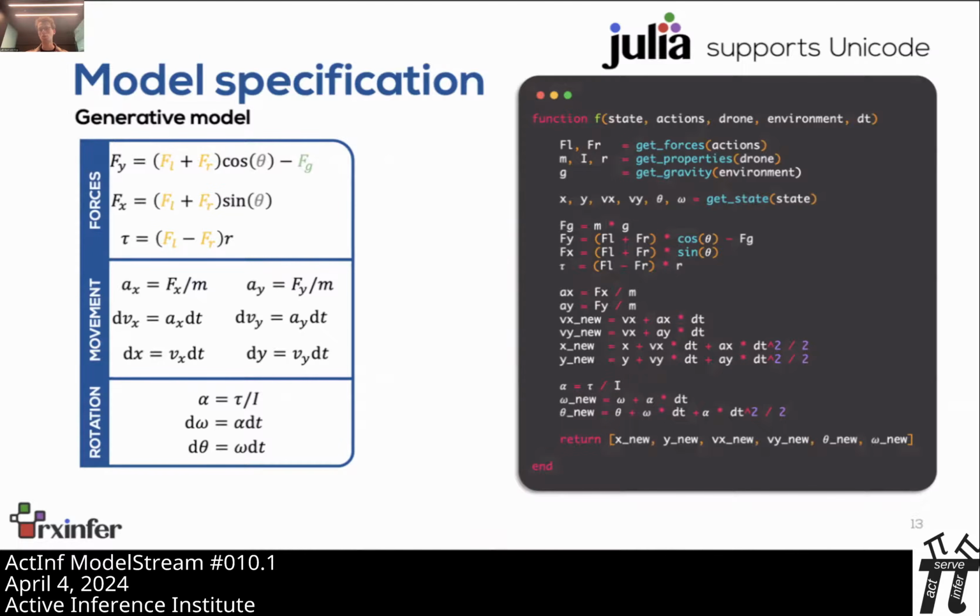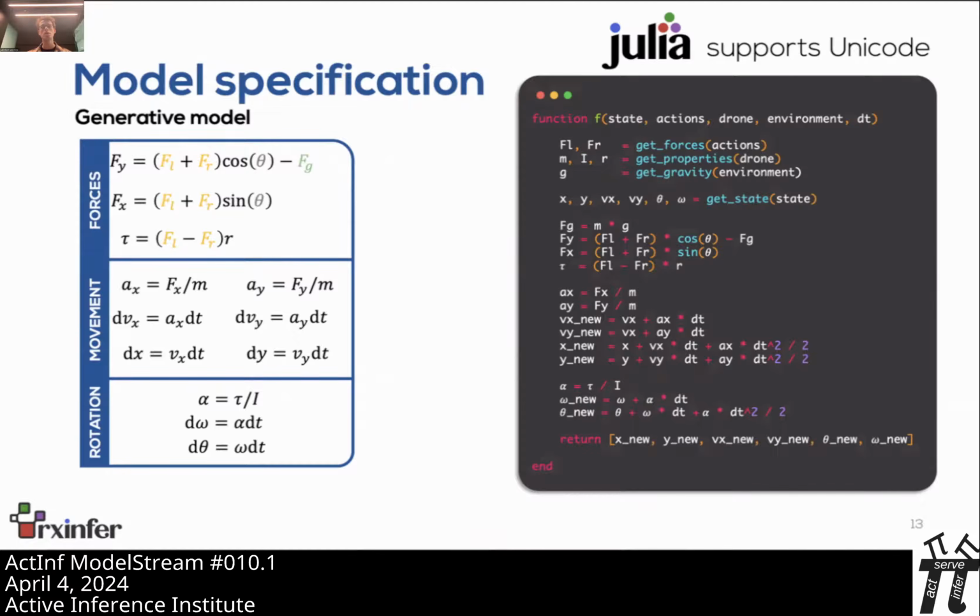So Vx new, which will be the velocity after enforcing the actions, will be our previous velocity plus our acceleration times this increment in time, this dt. And this dt we set beforehand. But this is a simplified assumption. Of course, there are more complicated approximations to be made. We could use Euler-Maruyama and all those other fourth order approximations. But for now, let's keep it simple and stick to this very simple Euler approximation.